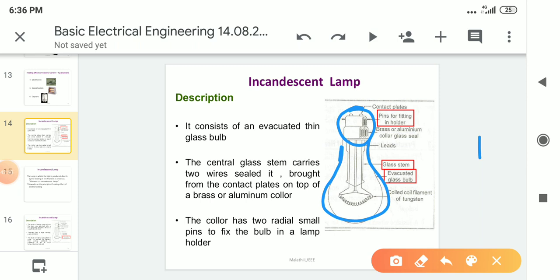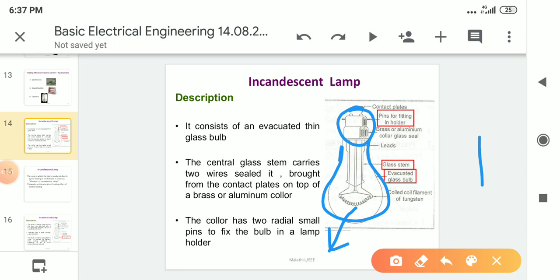After that, this complete bulb is made with glass material only. Inside, a glass stem is there, and between the tungsten and the glass, everything is completely filled with gas. That is called inert gas, made with argon or similar material. Its purpose is to prevent oxidation. And this filament is made with tungsten.